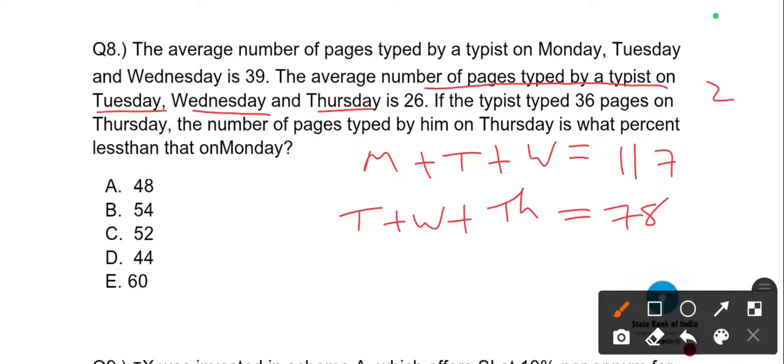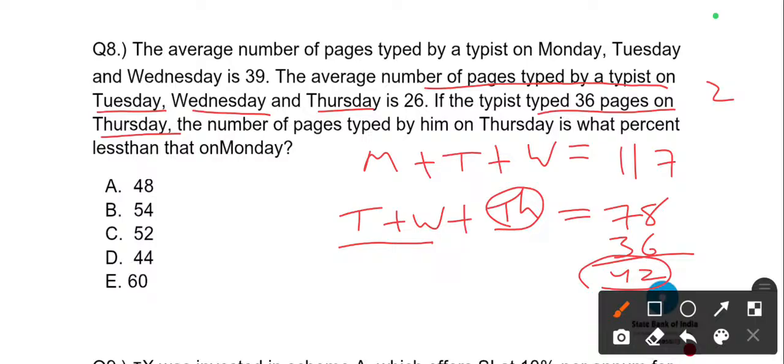Okay, if the typist typed 36 pages on Thursday, so it says that the value of this one is 36. So subtracting 36, we get the value of 42 for Tuesday and Wednesday. Then we can find the value on Monday.